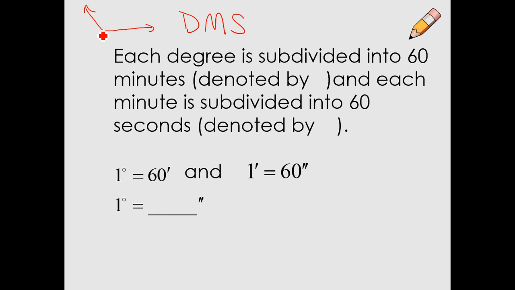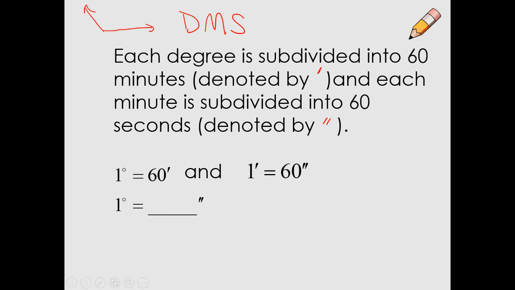Well, the more precise we get, we realize we have to have a system for subdividing even a 1 degree difference. So each degree is divided or subdivided into 60 minutes. And the abbreviation for minute is one little apostrophe like that. And each minute is subdivided into 60 seconds, denoted by a double apostrophe, like so.